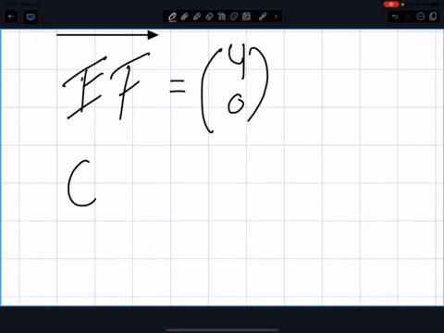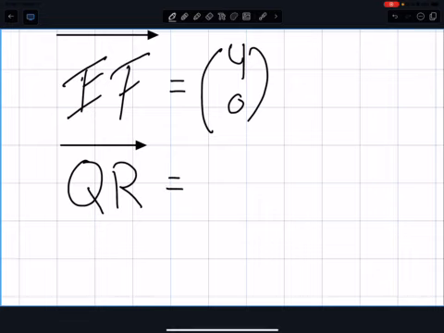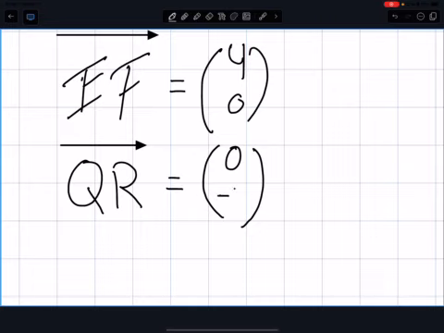The vector of QR, it doesn't go anywhere in the x-axis, but it goes downwards, meaning -2. It goes downwards. Pretty simple, pretty easy. Vectors.